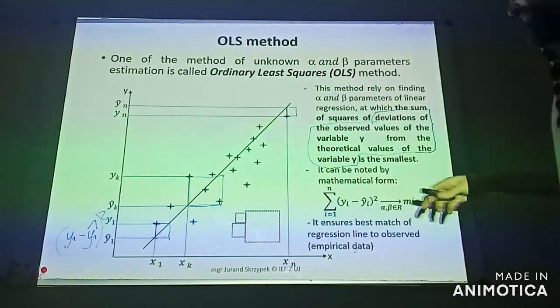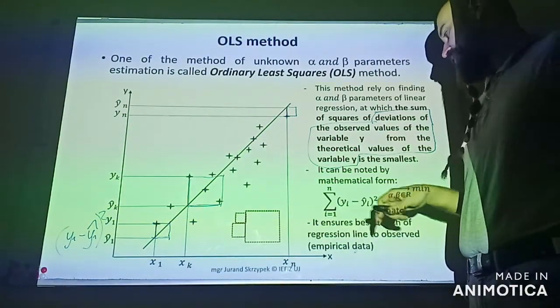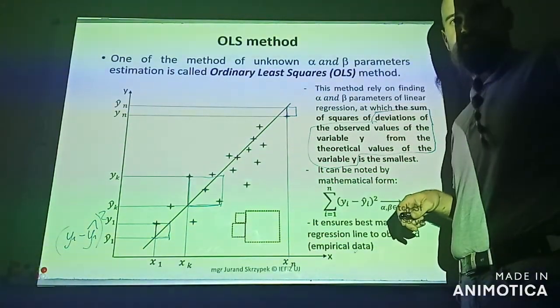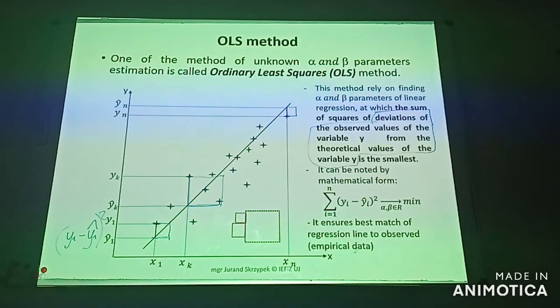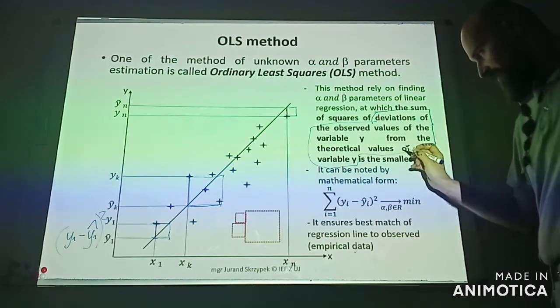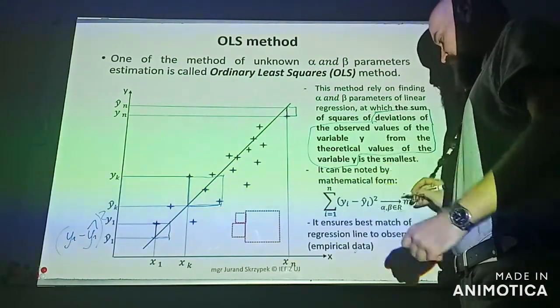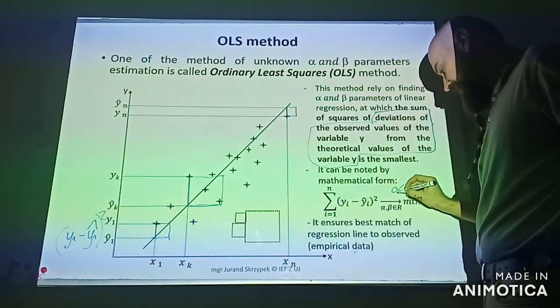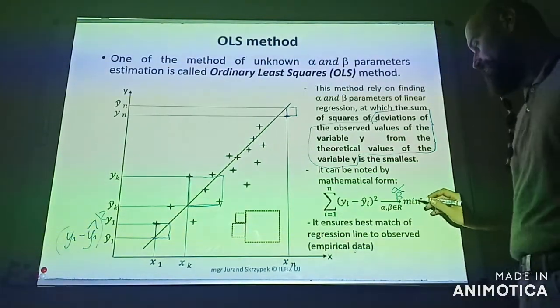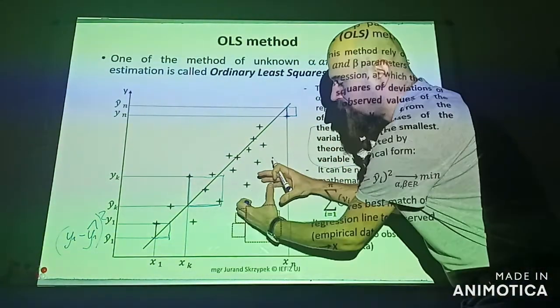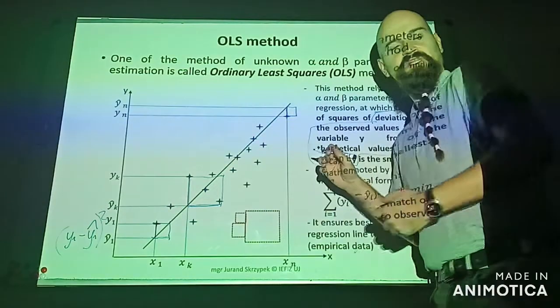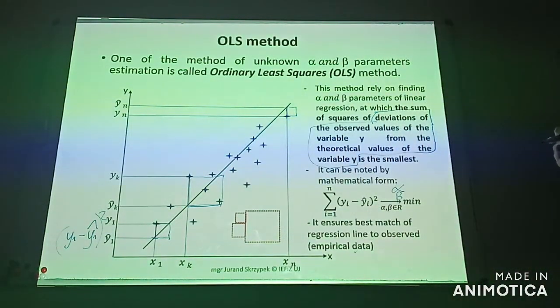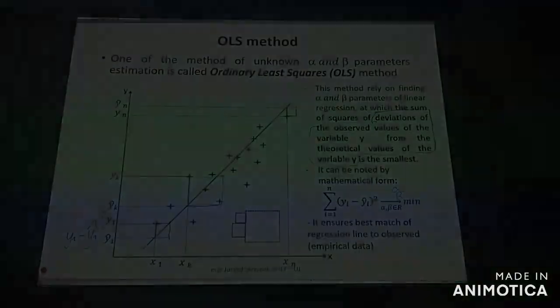We compute the sum of squared deviations. And now the quintessence of the ordinary least squares method. We are looking for such alpha and beta parameters that ensure the smallest sum of those squared deviations.